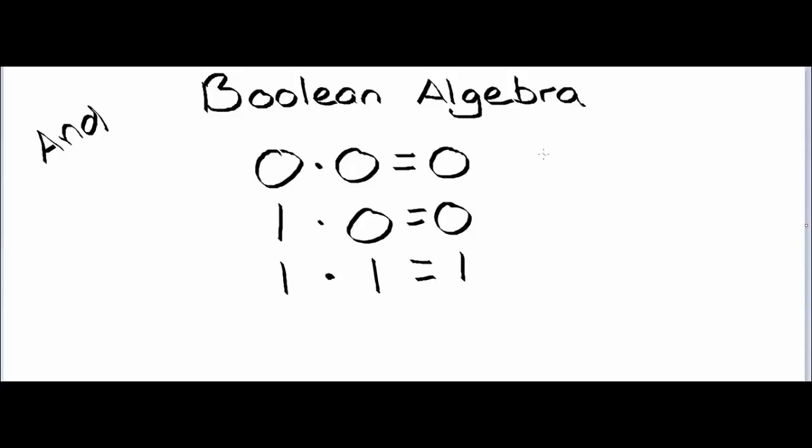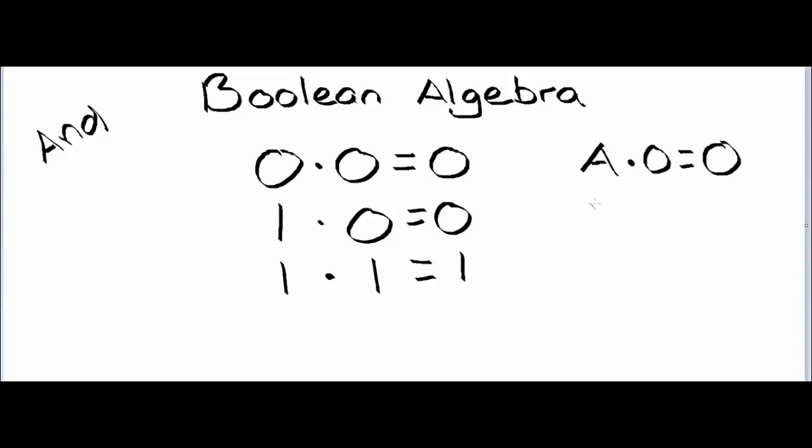So if we say that A multiplied by 0 is always going to equal 0. Okay, so the reason for that is if A is 0, then 0 times 0 is 0, and if A is 1, then 1 times 0 is 0.